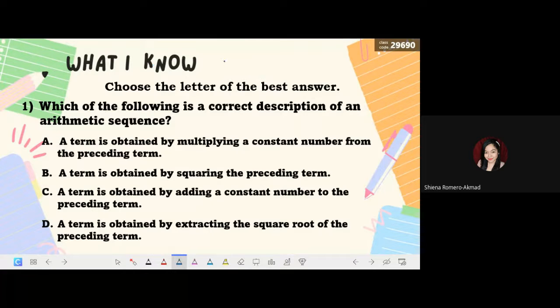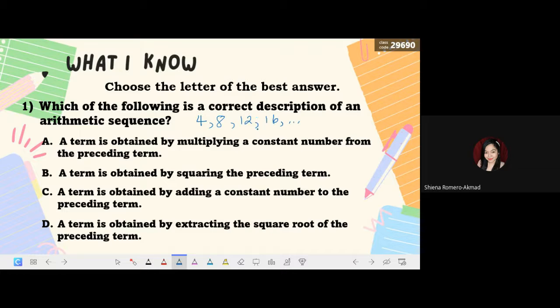So, an arithmetic sequence, one of its example can be for example, huwag na natin pahirapan, 8, 12, 16, and so on.